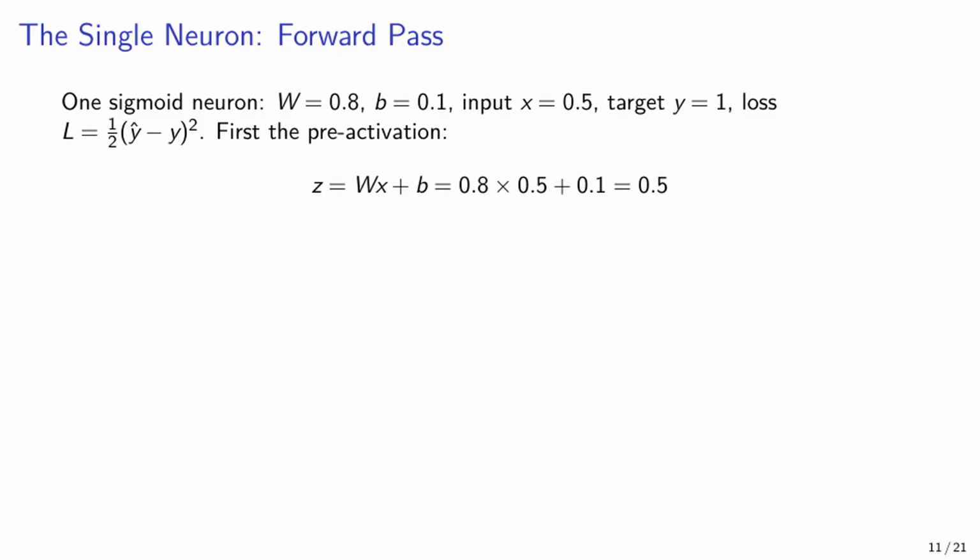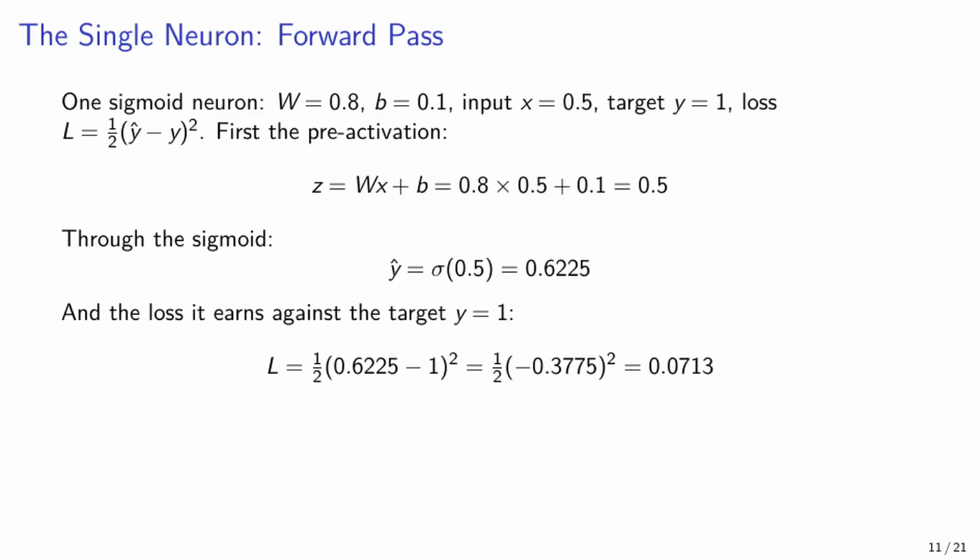First, the pre-activation z is the weight times the input plus the bias. 0.8 times 0.5 plus 0.1, which is 0.5. Through the sigmoid, the prediction y hat is the sigmoid of 0.5, which is 0.6225, and the loss it earns against the target 1 is 1/2 times the difference squared.